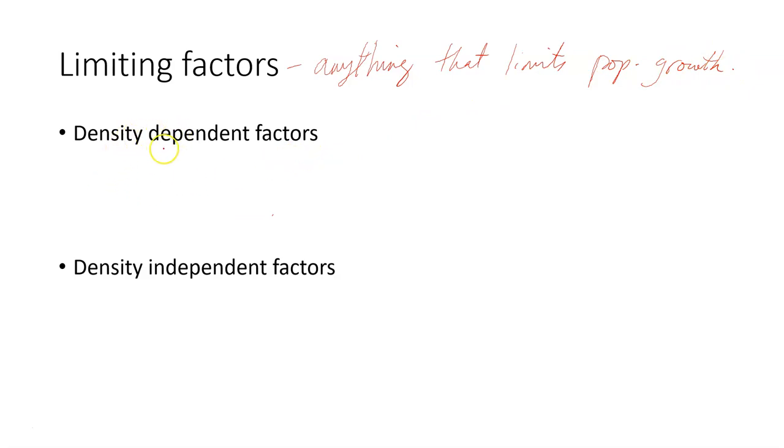One of these is density-dependent factors. This means that it is dependent upon the density of an organism. Can you guys think of something that will limit a population size that is dependent upon the density? I'll pause and let you guys think about that. Okay, so the density of a population can be affected by many things.